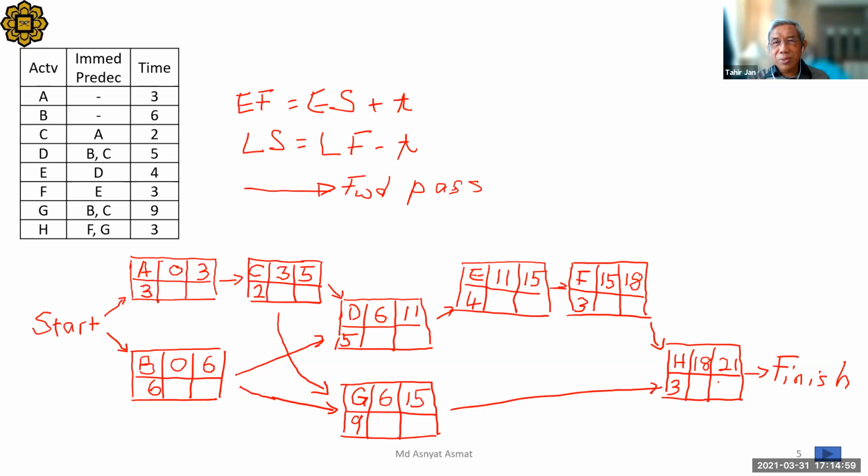Now we only have one last activity. If we have more than one, we take the greater early finish. Now we want to do the backward pass. Let me put the dot.